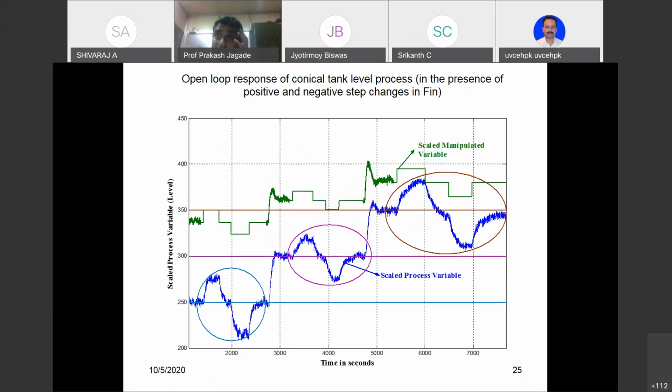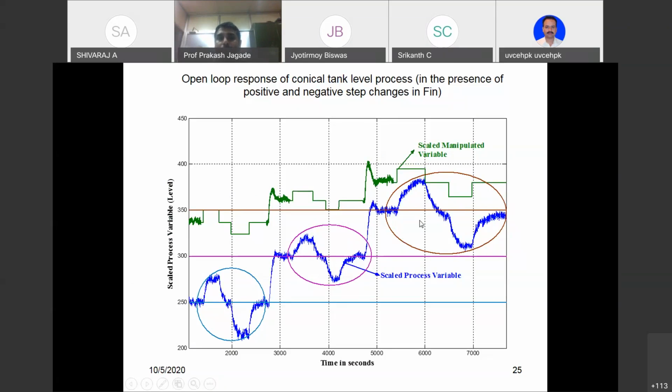In order to design PID controllers at different operating points, we again have to conduct an open loop test, collect data, and then build a model. Using this input output data, we build a model around 250, then around 300, then around 350.